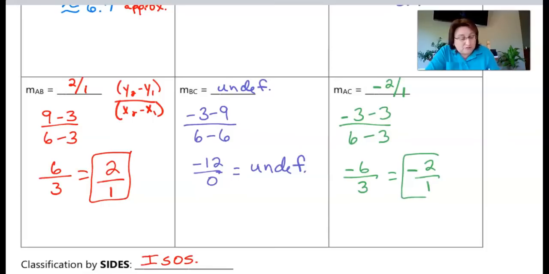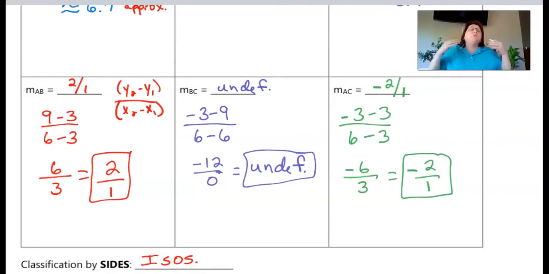Now, we're going to use these slopes that we have in the boxes right here, and we're going to determine, do we have a right triangle? What do you guys think? Looking at these slopes, do we have any perpendicular lines up there? Hopefully you guys said, no, Miss Smith, there's no perpendicular lines because right here I've got positive 2/1, and over here I've got a negative 2/1.